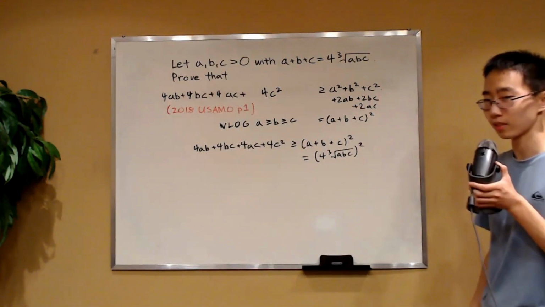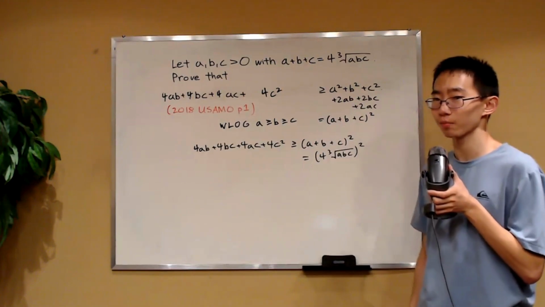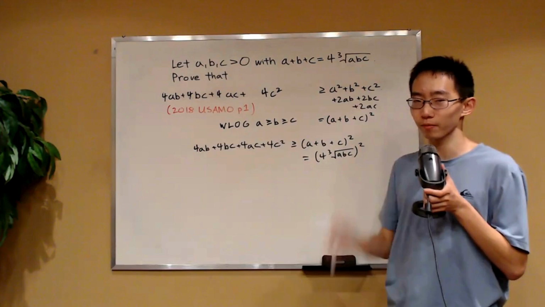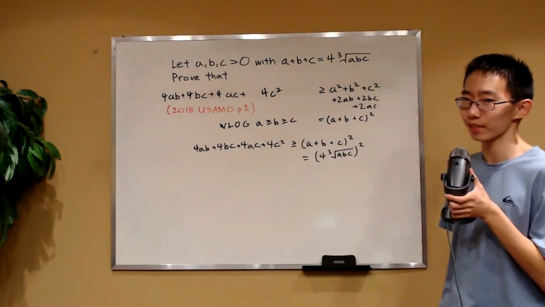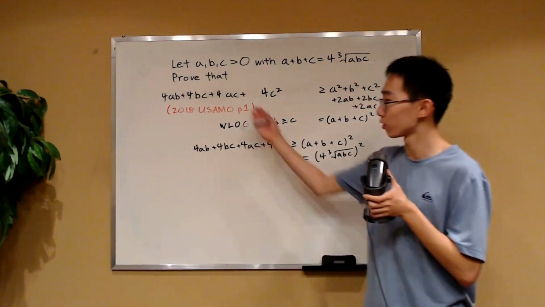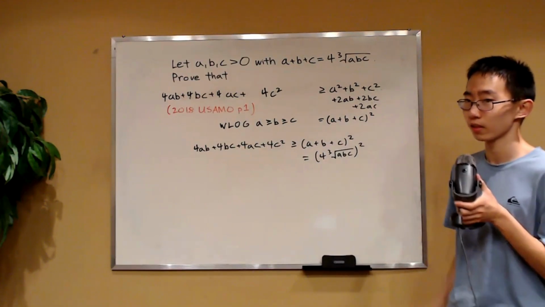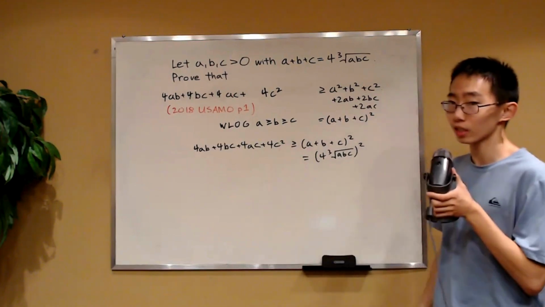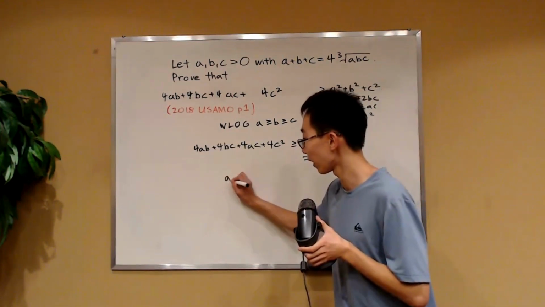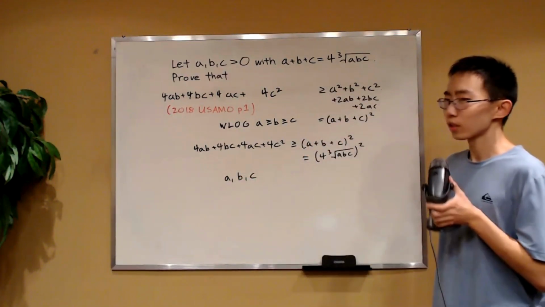How do we proceed? Well, I'm going to introduce a new concept. And even though this concept might seem new to many of you, it's actually a very well-known concept in Math Olympiads, especially for the USAMO. It's the concept of homogeneous inequalities. Here's what I mean. Suppose that this inequality is satisfied for some choice of a, b, and c. Now, consider this.